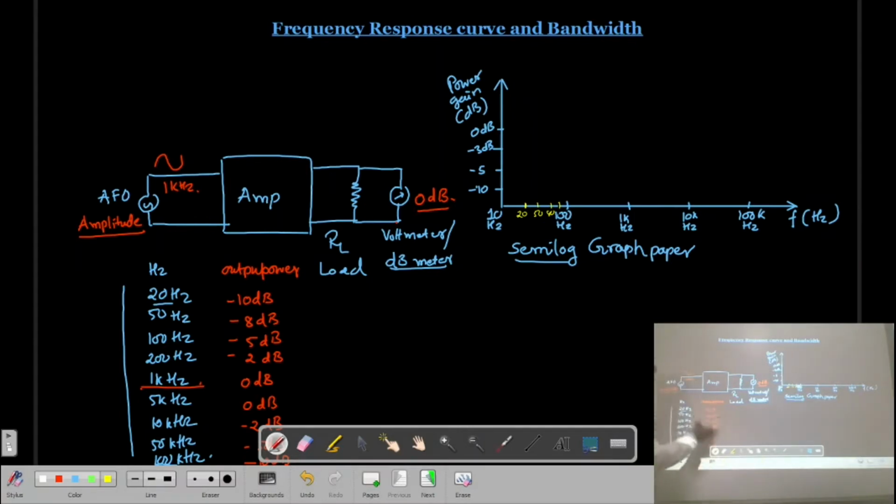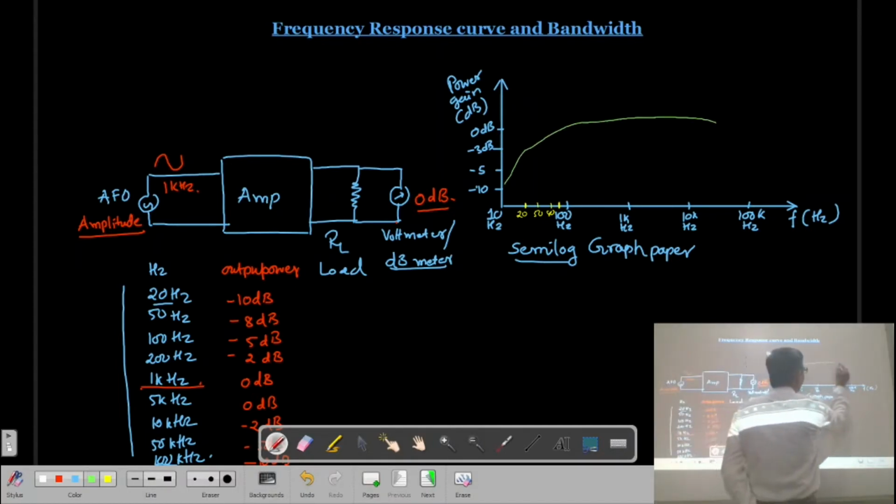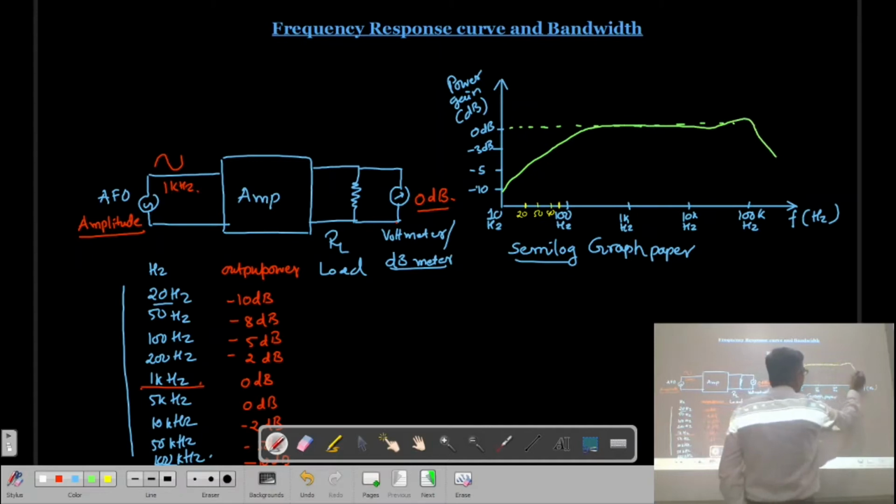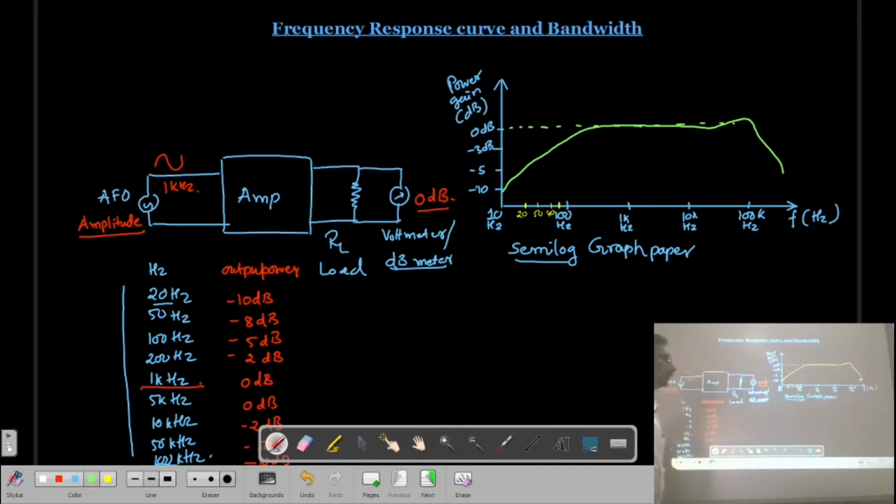Now here, if we have different data, and according to this data we plot this curve, then the curve will be like this. This is my maximum, and this is your frequency response curve.